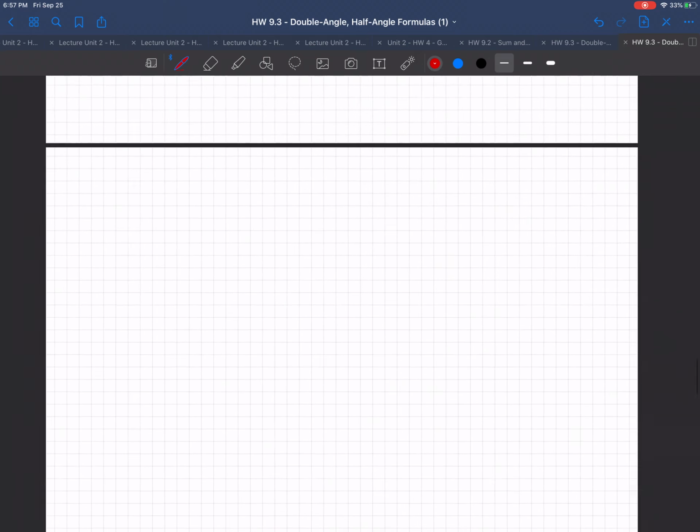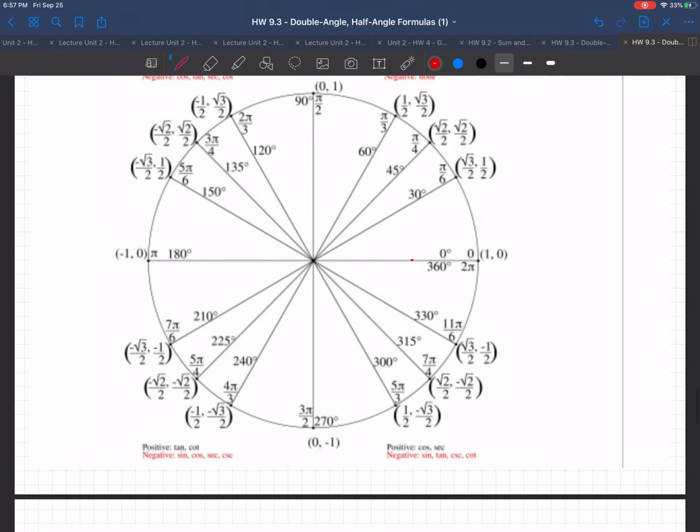If you start at 0 degrees, go all the way around, that's 360, and you go 30 more, this must be 390 degrees. So we can find the cosine and the sine of 390 degrees from the unit circle, exact values.